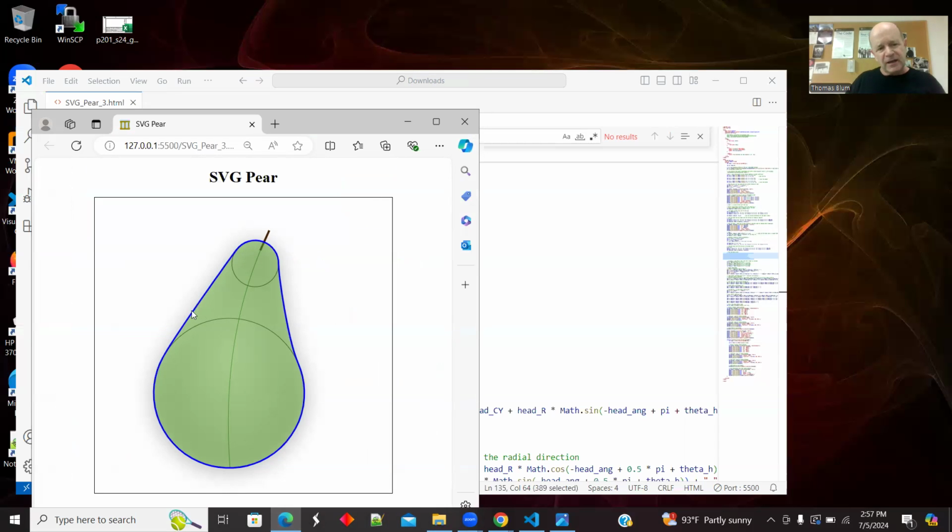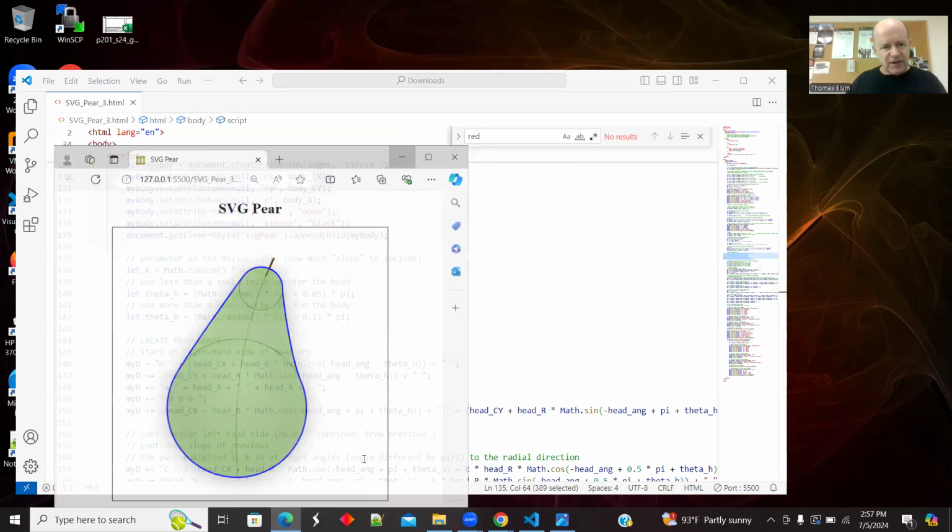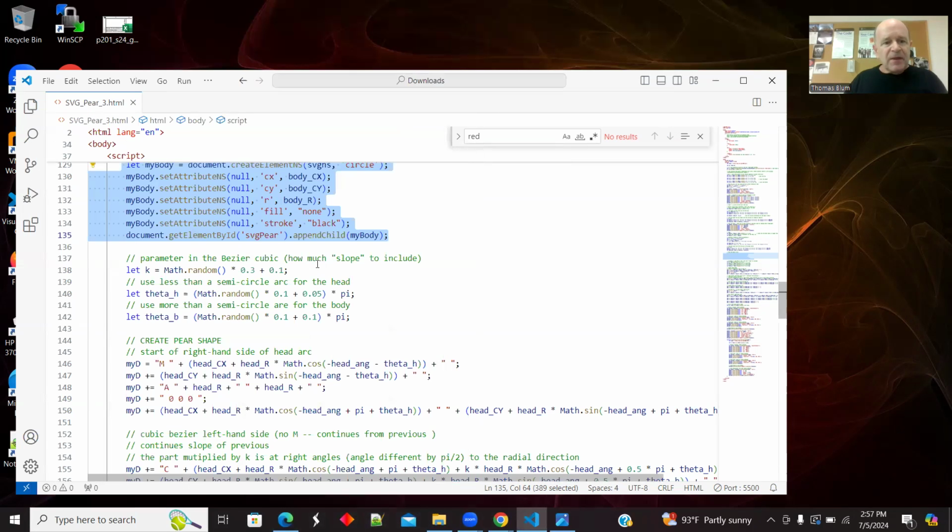This is going to be a cubic Bezier. Cubic Bezier is going to allow me to match slopes at the top and the bottom. And then I'm going to draw an arc of the body and another cubic Bezier. So that's how I'm going to create this.